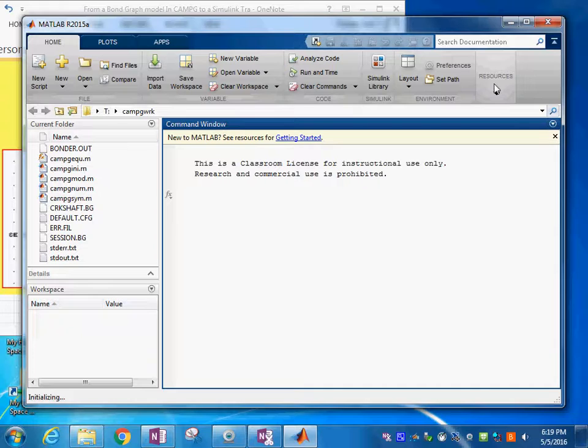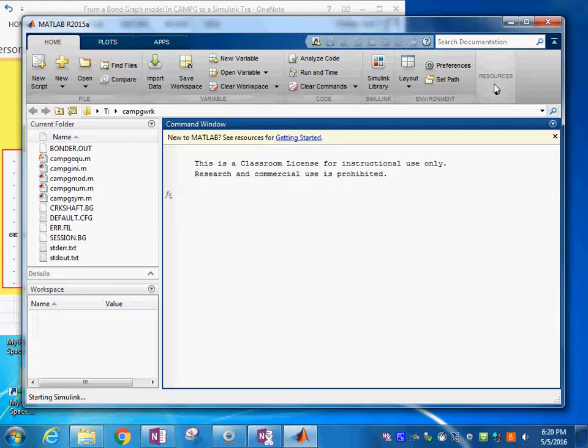So we have to wait a little, because this is still not quite there. The two programs are still working together, and we will see those blocks in Simulink at this point right now.